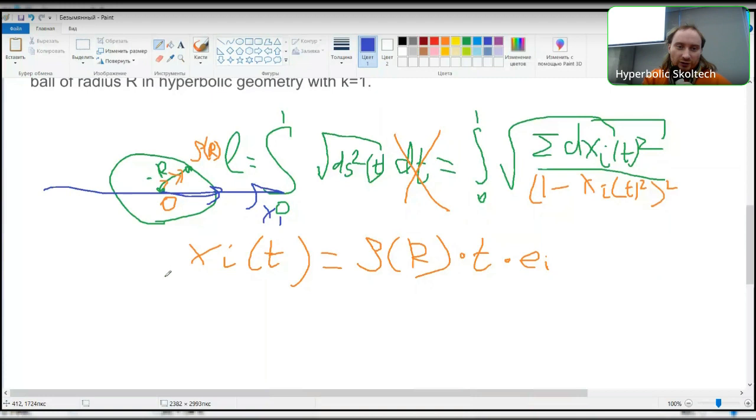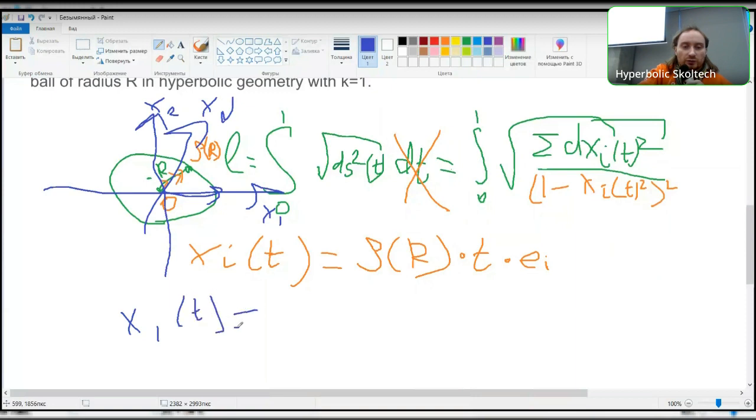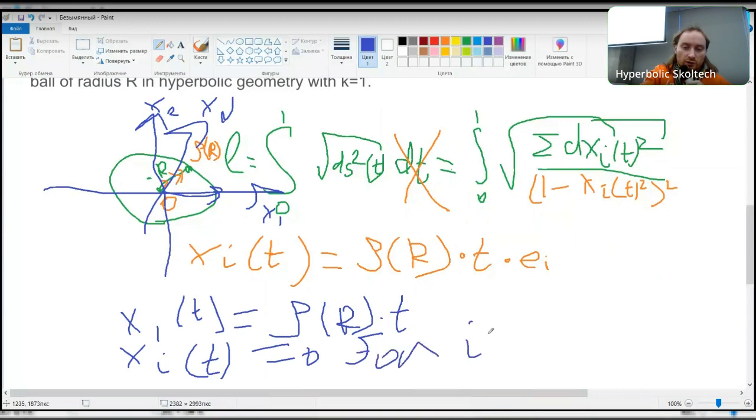So here is the axis x1, and here are all other axes, and so x1 of t equals rho of r multiplied by t, and xi of t equals 0 for i greater than 1. So this is some technique. So let's integrate this.